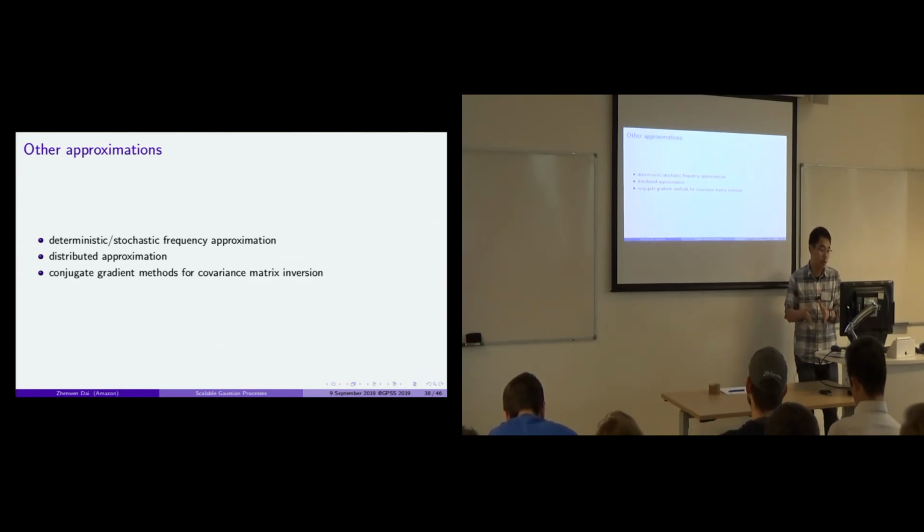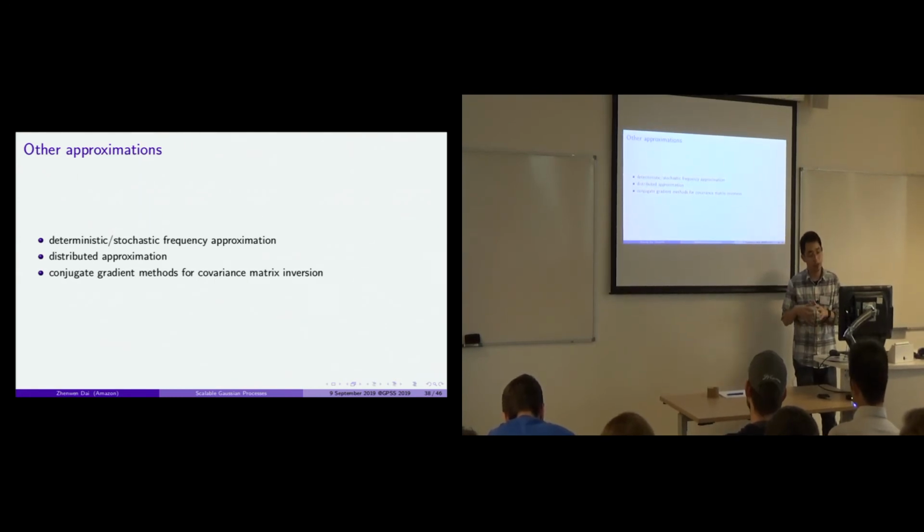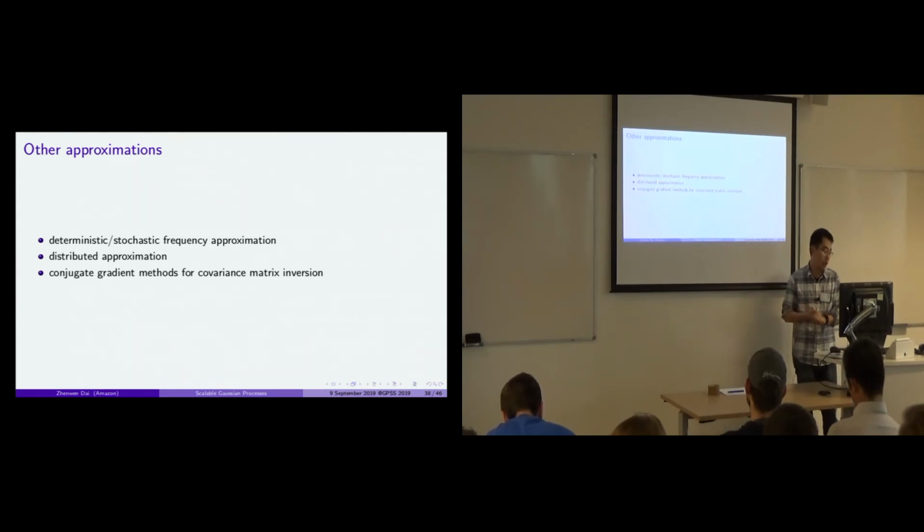You have to choose the right type of approximation for your problem. And there are also many more types of approximations that people are developing. For example, one approach is a stochastic or deterministic frequency approximation, using the frequency decomposition of a covariance matrix and approximating the covariance matrix calculations by using a subset of the frequencies.